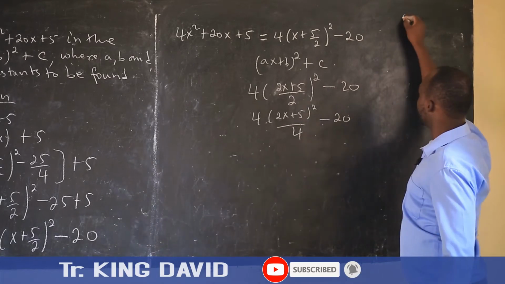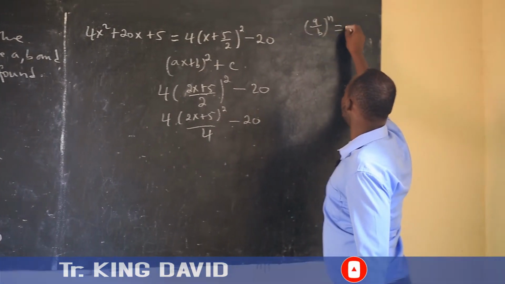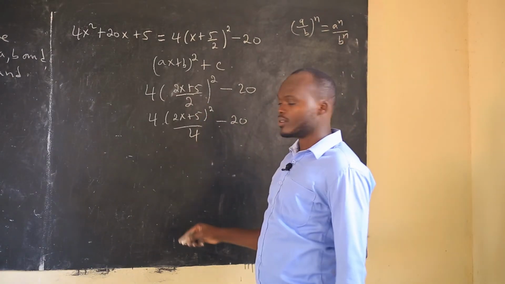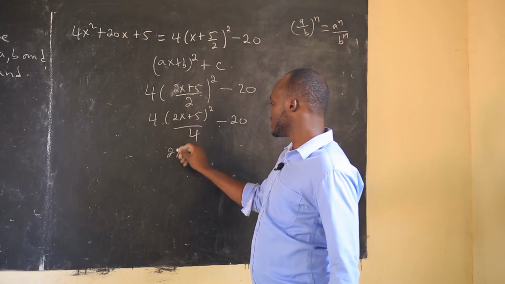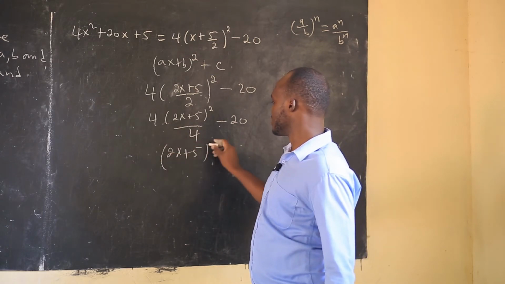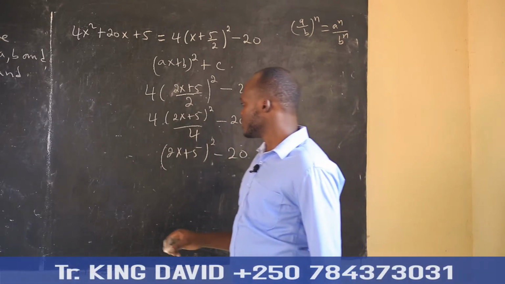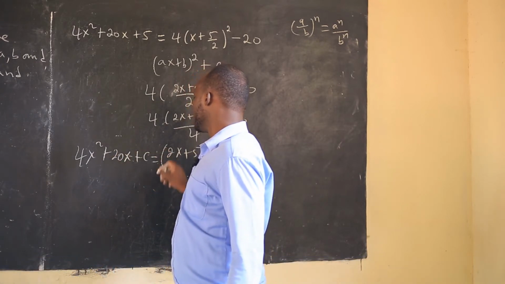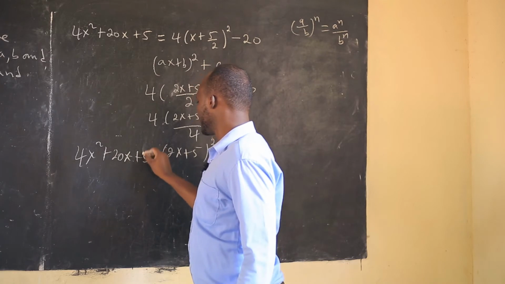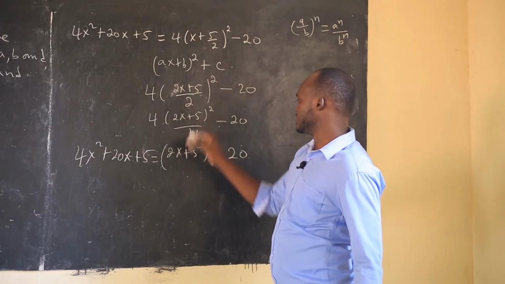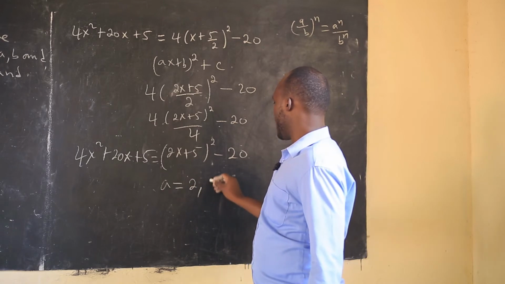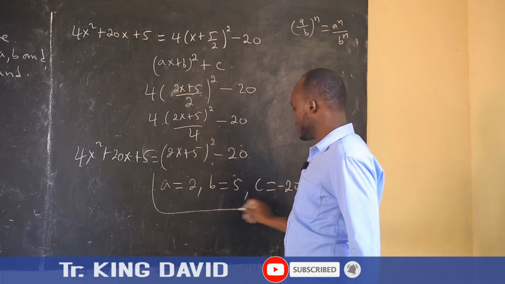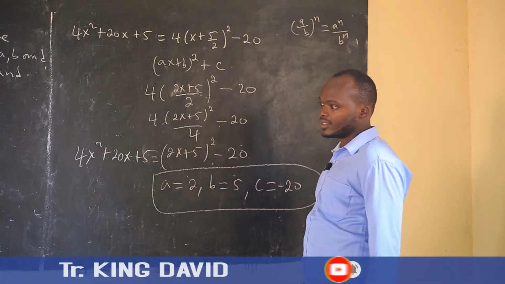You know when you have (a over b) power n, it's the same as a power n over b power n. So that's why this 2 is squared, so it becomes 4. We simplify this 4 with that one, we remain with (2x plus 5) squared minus 20. So which is equal to 4x squared plus 20x plus 5. So when you compare this equation with that, our a will be 2, our b will be 5, our c will be negative 20. So I hope you don't have any question about this one. So let us proceed.